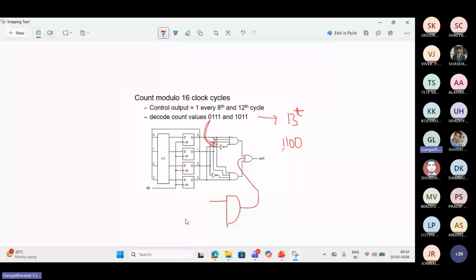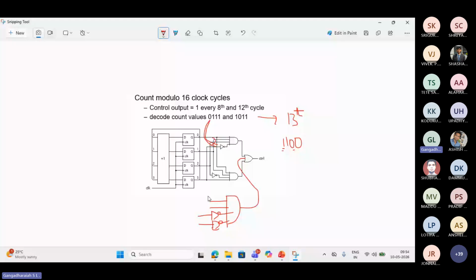Again, it is 1, but it is 0 now. There is 0 here. This is 0 here. Got it? Is this clear? For 0, we are using a NOT gate. Yes, we are using a NOT gate. Absolutely.